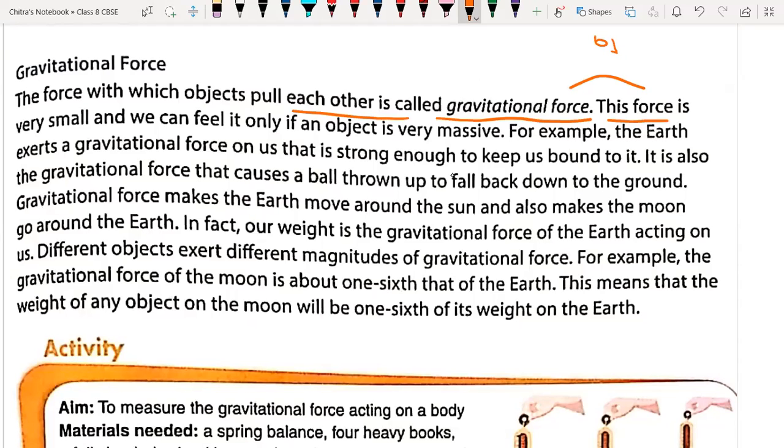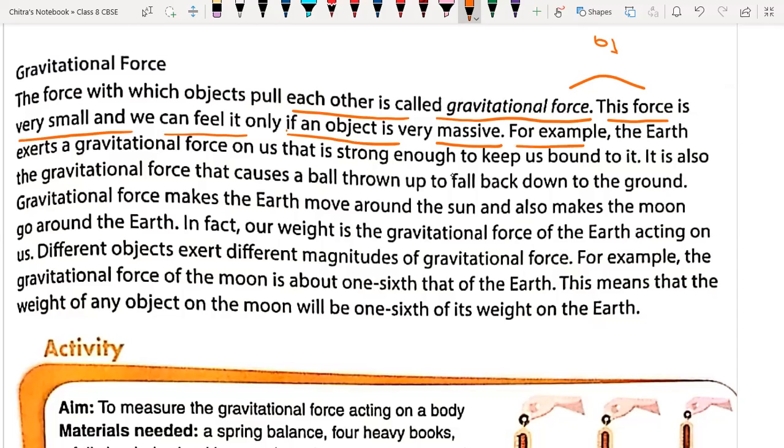The magnitude of gravitational force is very small, and we can feel it only if an object is very massive, with a very large mass like the earth.